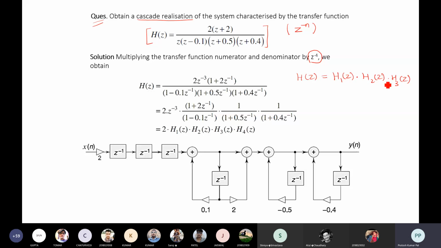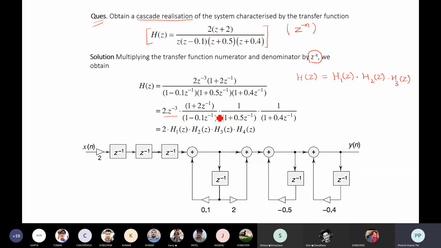Based on our requirement, we can make different terms. Here we separate out 2z to the power minus 3. Then this term is combined with the first term, and all other terms are separated.